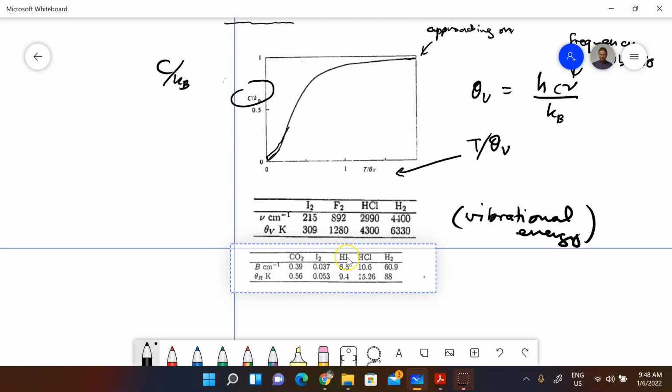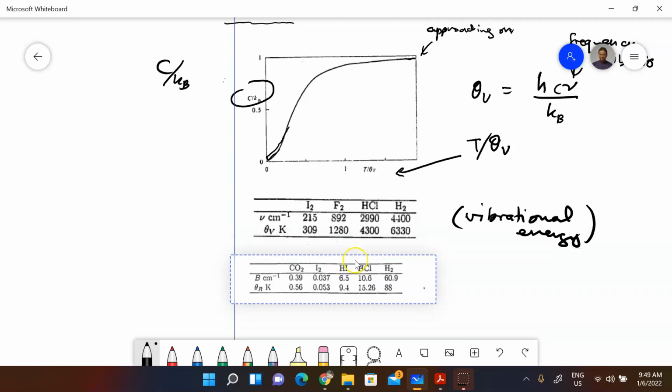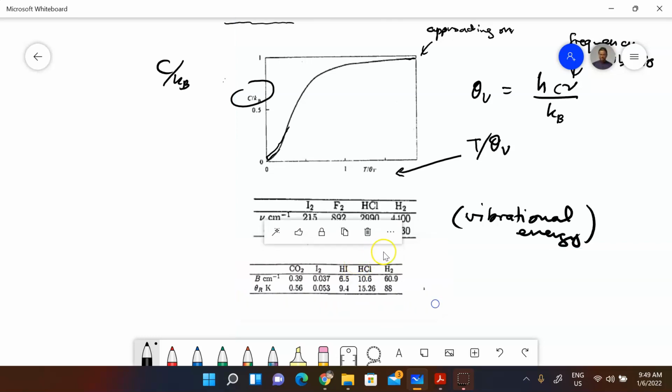Unfortunately, it's not altogether the same diatomic molecule, but you can look at the hydrogen molecule here, and also the hydrogen chloride.